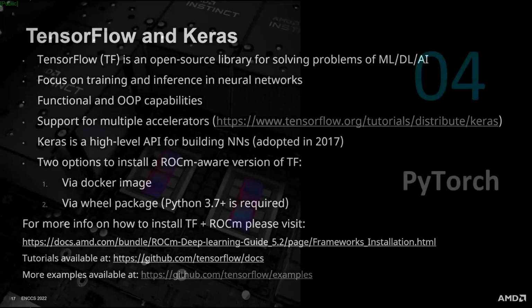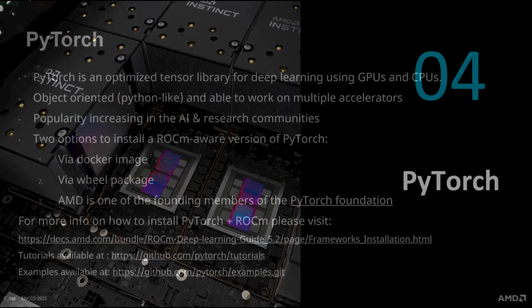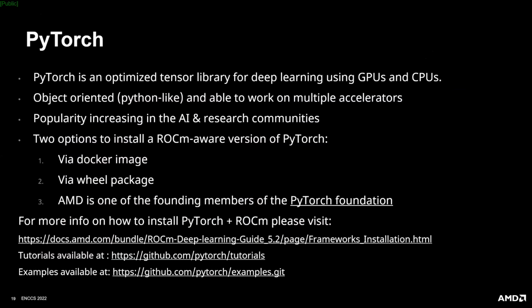Okay. PyTorch real quick, and then we're going to do the demo. PyTorch is also newer than TensorFlow. It's been developed by Meta, ex-Facebook. PyTorch is an optimized tensor library for deep learning using GPUs and CPUs. It's very much object-oriented, and everybody out there calls it Python-like, and it's able to work on multiple accelerators.